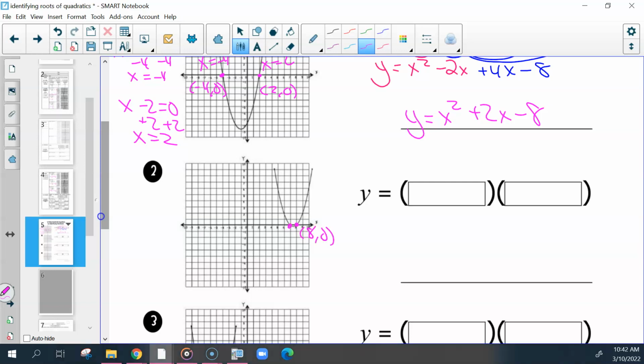And 7, 0. So if we were writing these as factored form, what would those 2 be? X minus 7 and x minus 8. You're always taking the sign, making it the opposite, and putting x in front of it.